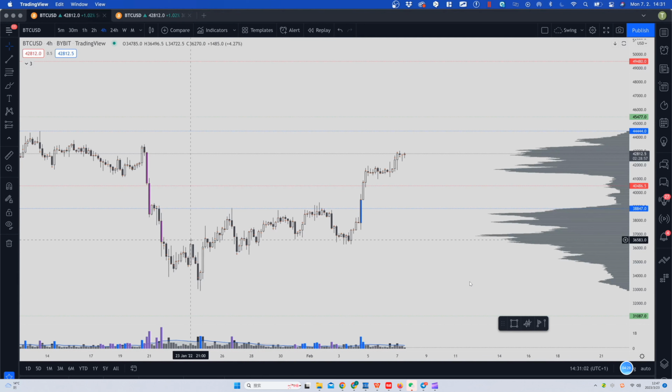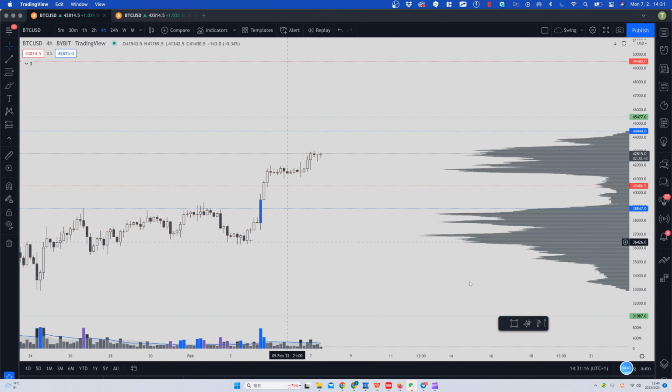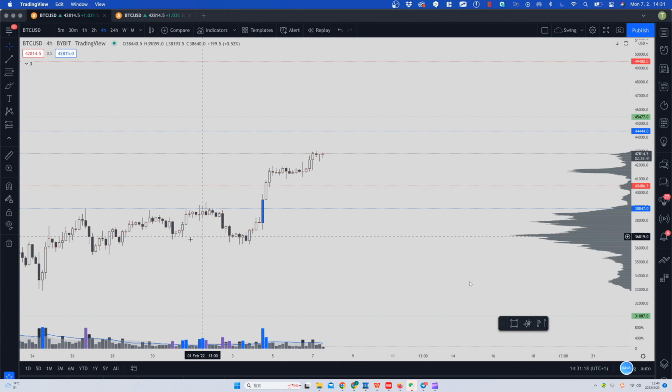We broke the high, and the market is drifting higher. If anything, I would consider this to be more of a range than a downtrend, basically. And after this is the situation right here, and you can see how we fail to do any significant close under this H4 level of support.